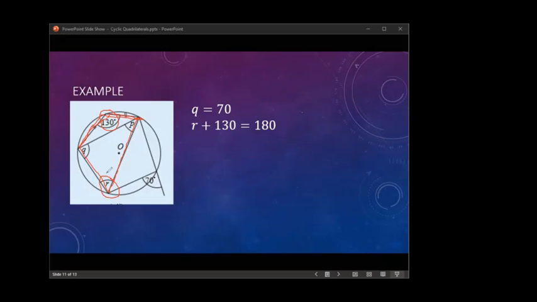R and 130 are opposite angles of this cyclic quadrilateral. So we can say, the first theorem said that the sum of the opposite angles of a cyclic quadrilateral is supplementary. So R plus 130 should be equal to 180.